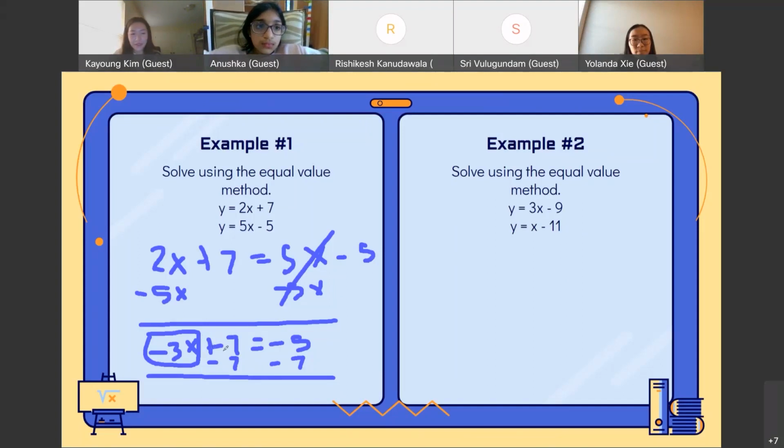If this was a -7, I would have added 7 instead. Just do something that would make all the numbers be on one side and all the variables on the other side. Do the same thing to both sides. Do you get it? Yes. Okay, that's great. But no matter how you do it, you would get the same answer.